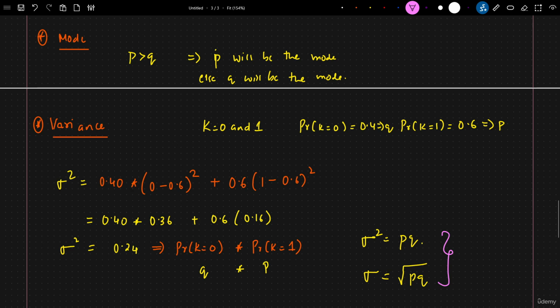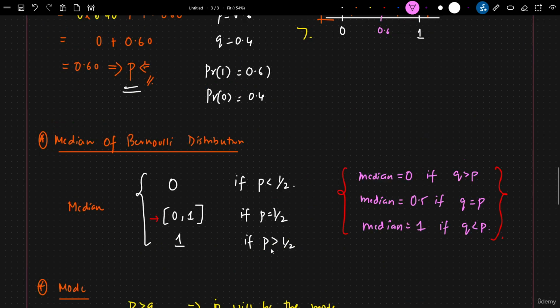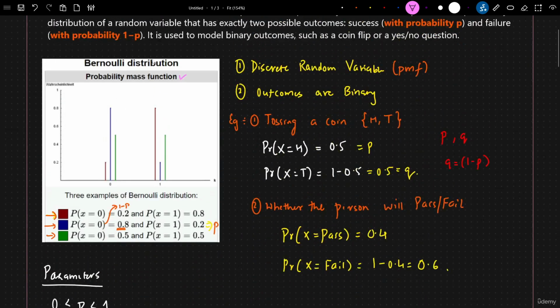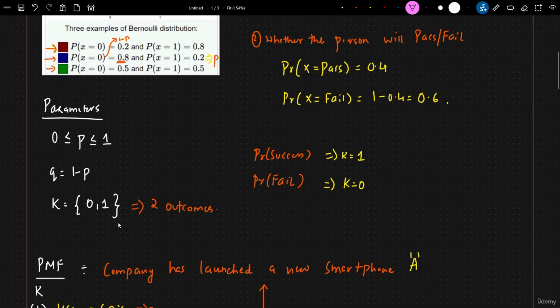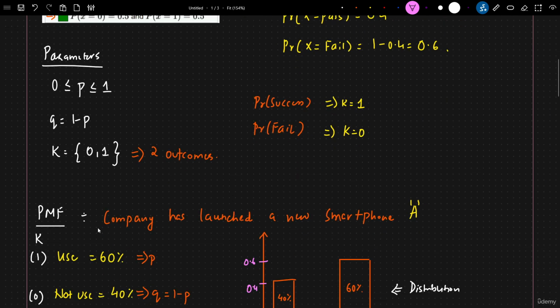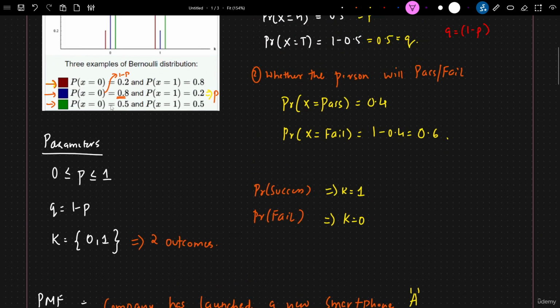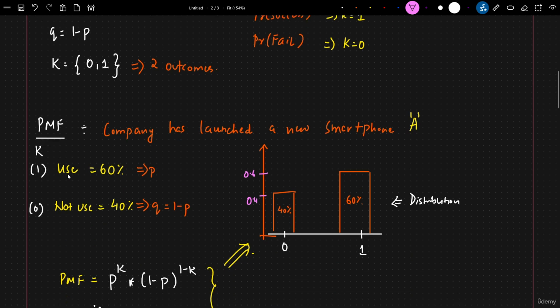Now for this example, I have shown almost everything: how this distribution looks, what the main properties of this distribution are. You need to have a discrete random variable, and the outcomes are binary. For every distribution, you'll have some set of parameters, and you'll see how the distribution is constructed, whether it is a PMF or PDF.